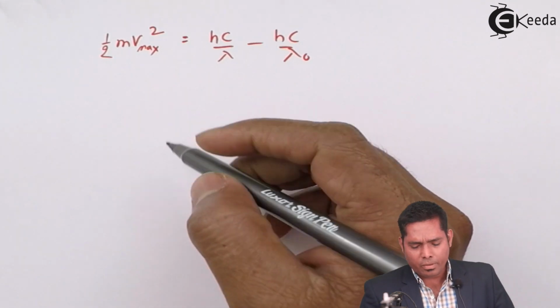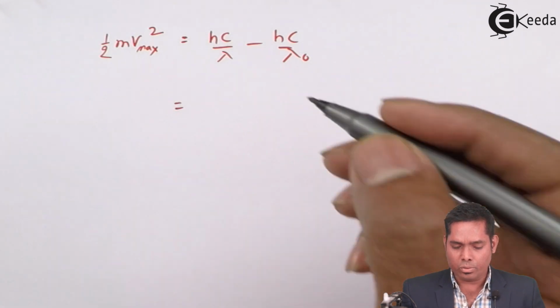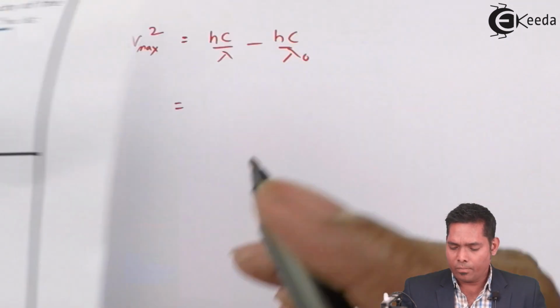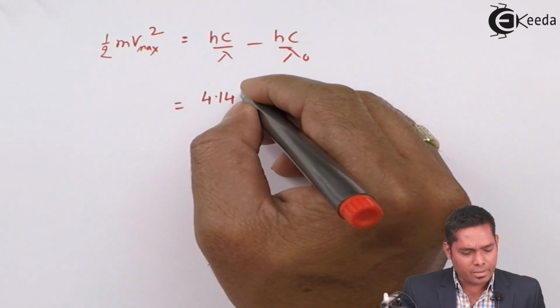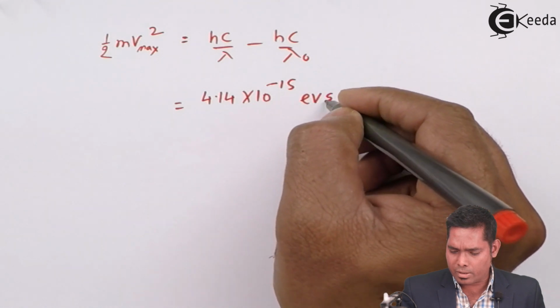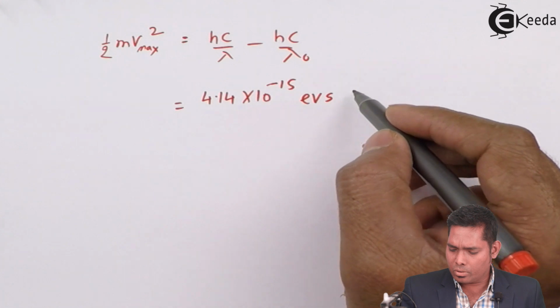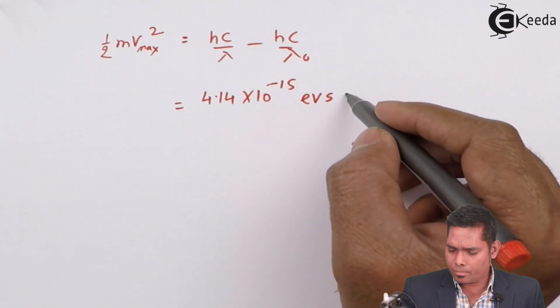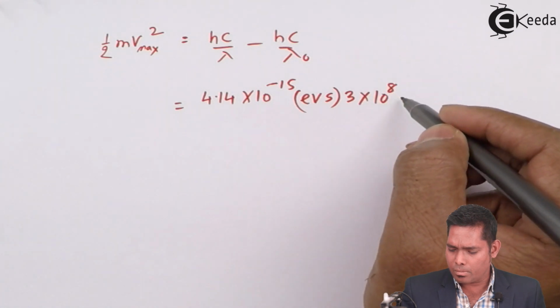So first let me solve it by the general method that we generally do. The h value is 4.14 into 10 raised to minus 15 electron volt seconds, and c is 3 into 10 to the power 8 meter per second.